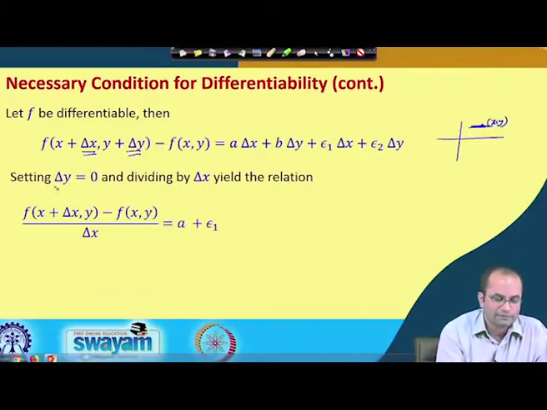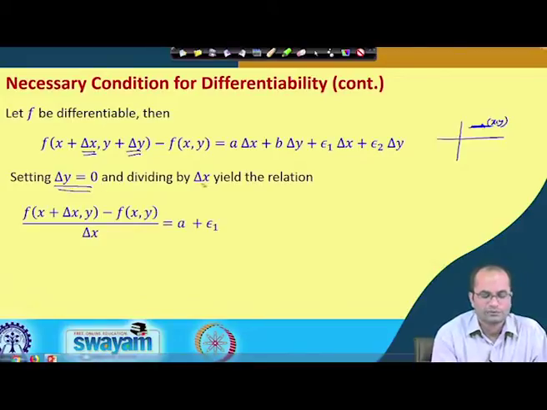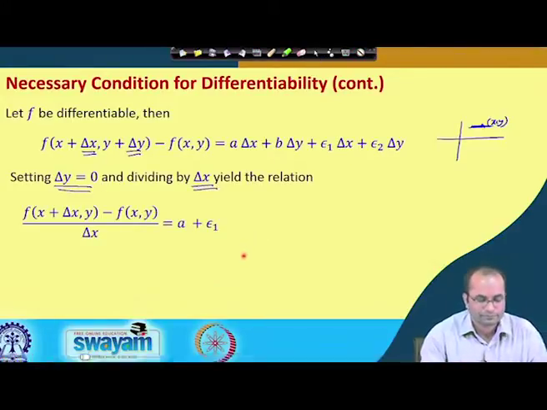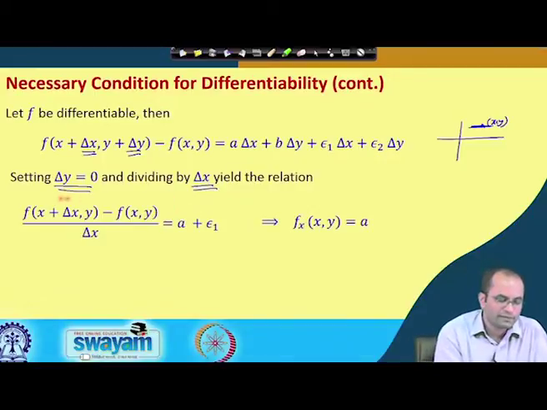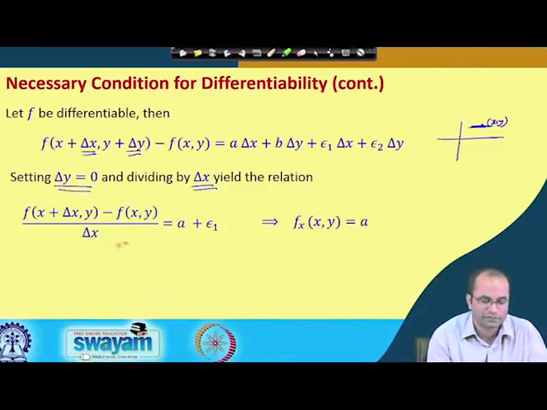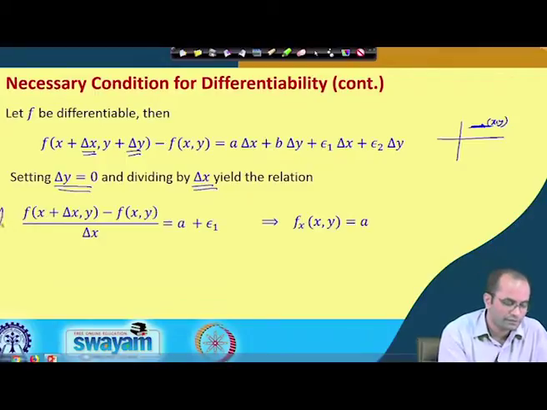So, what we have done is taken delta y to 0 and then divided by delta x, and now we can take the limit as delta x goes to 0. What we will get is the partial derivative, the definition of the partial derivative of f with respect to x, and this will be equal to, since we have taken the limit on both sides, the limit as delta x goes to 0.